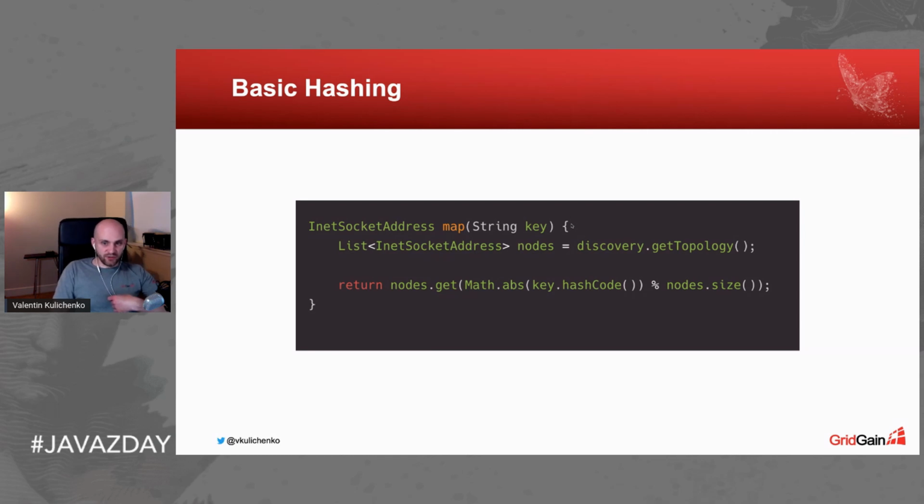So we'll just calculate the hash code based on the key. We'll also get the absolute value because we don't want negative values in the picture. And then we'll just apply the modulo function based on the number of nodes that we have in our topology.